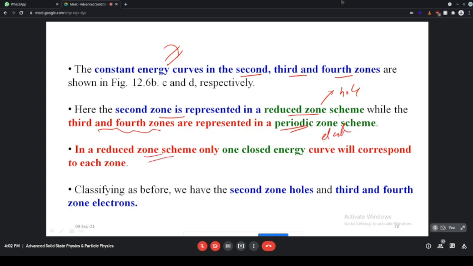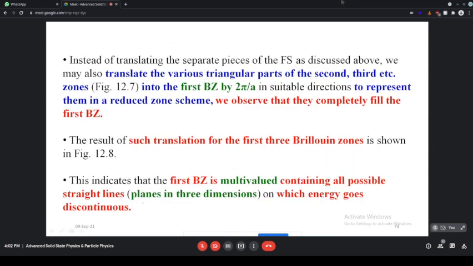In the reduced zone scheme, we obtain one closed energy curve that is empty, which means it is hole-like. In the periodic zone scheme, we obtain second zone holes, and third and fourth zone electrons.